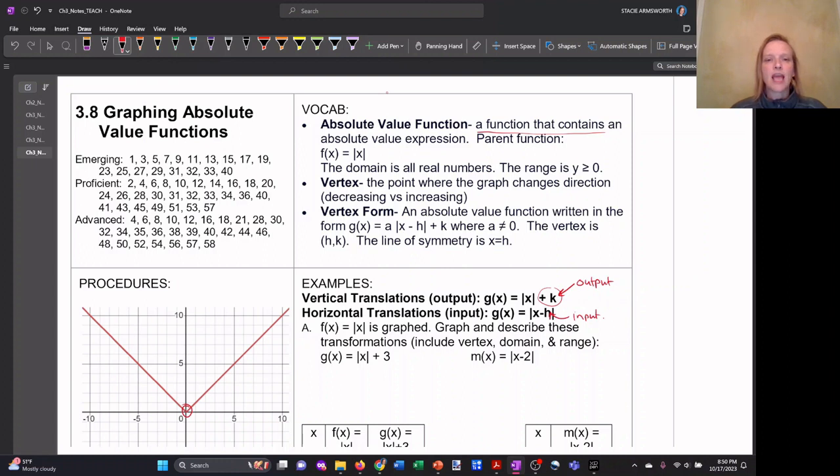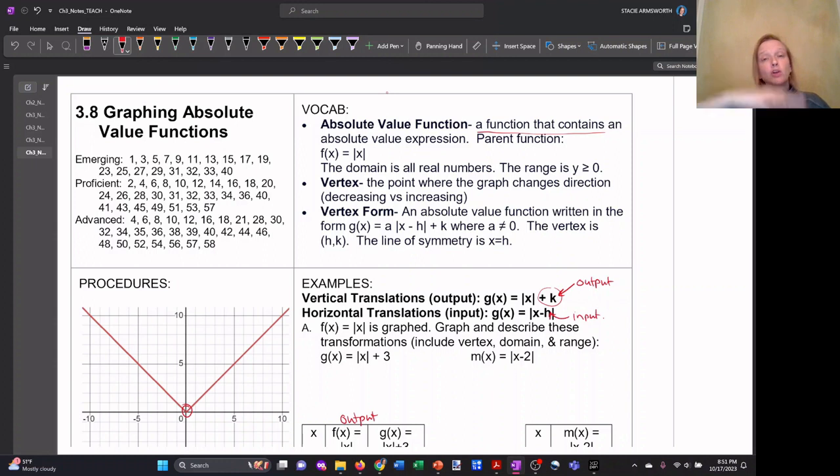g of x equals the absolute value of x plus 3. So here I'm affecting the output value. That is to say, I do the original function, f of x equals the absolute value of x, and then I take that output value and I do an extra step to it, in this case, adding 3. When that happens, you get a change in the y direction.